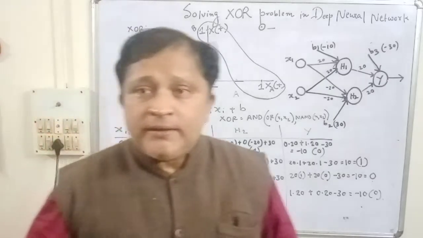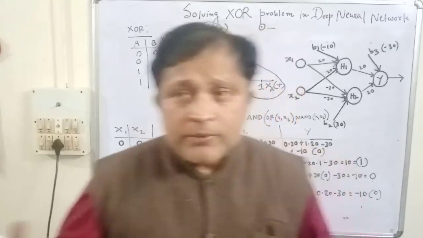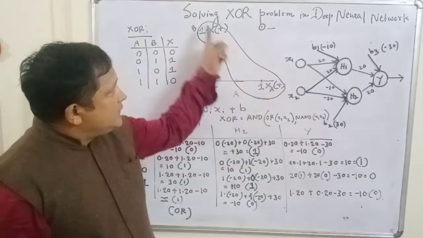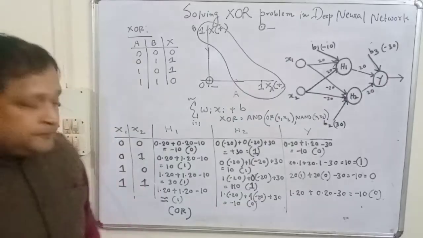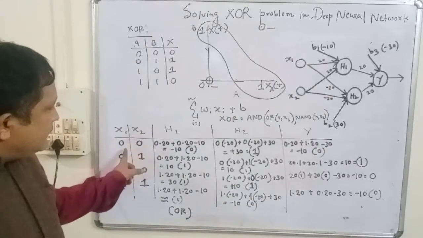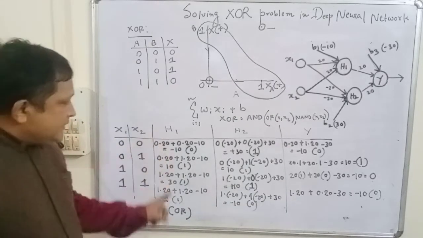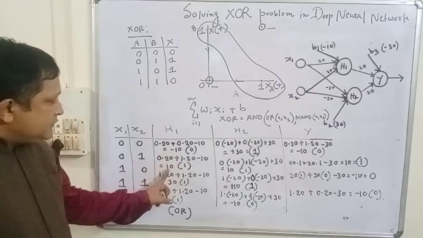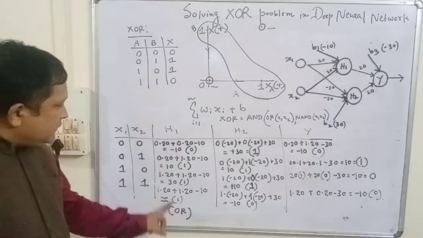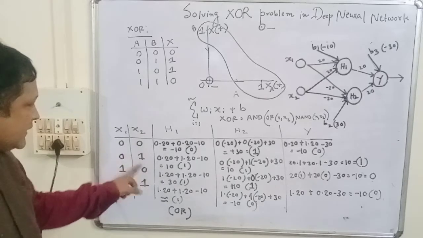Zeros are denoted by negative, ones are denoted by positive, as we have shown in the figure also. So by having this, we have minus 10, 0, 10, 1 for the different combinations of x1 and x2.